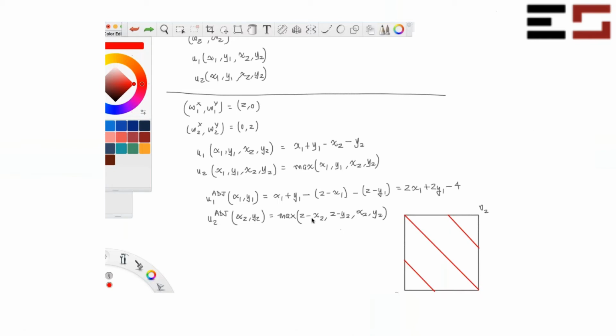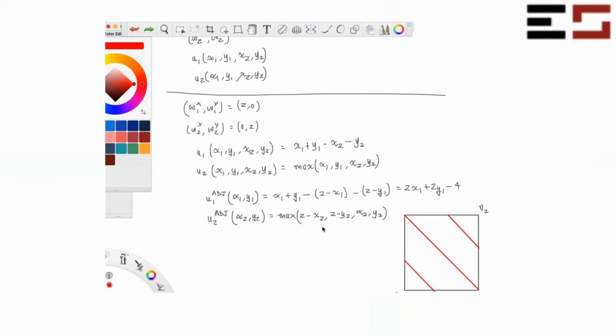Now let's think about the second individual. Can you tell me what is the maximum utility that individual 2 can get in this entire box? Exactly, the maximum satisfaction is 2. Now why is it 2? Because you can easily see that the highest amount of x available in this economy is 2, and the highest amount of y available in this economy is 2.